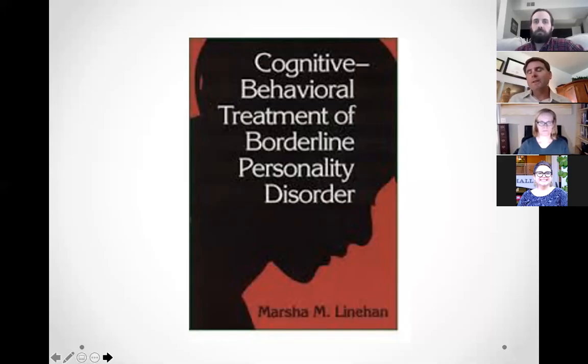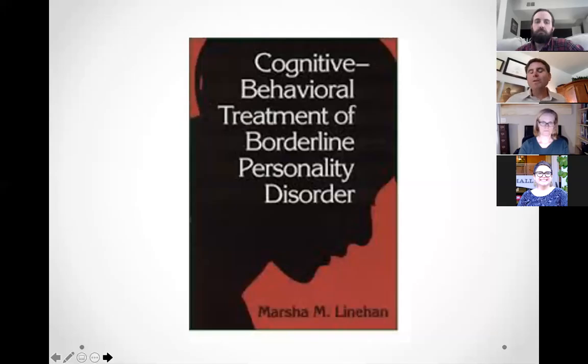But here's what's fascinating. Because Marshall Linehan basically took CBT skills and concepts, but she also learned right away that CBT as it existed at the time was not going to cut it. So she started to modify it and customize it and tailor it into something different. But what's really interesting is Marshall Linehan herself was calling her model DBT when she produced this manual.